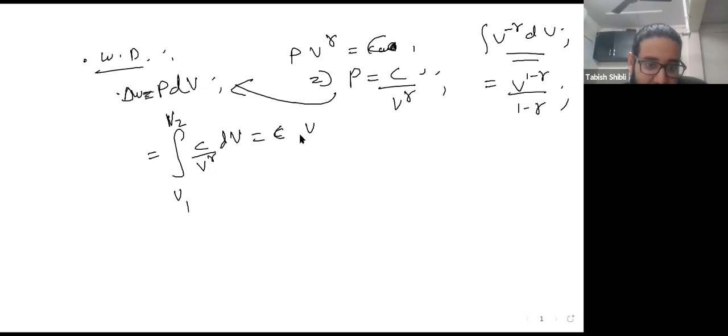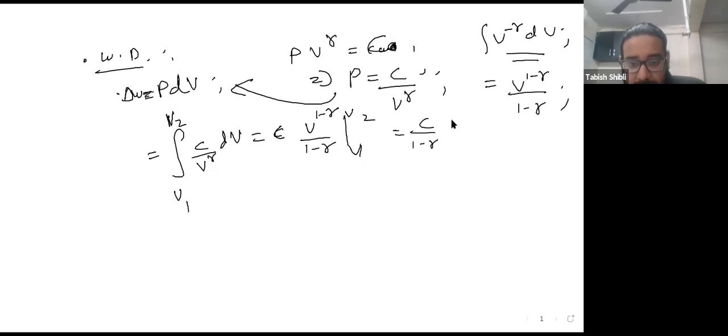So essentially, what do you have here? This constant is there. You have V to the power 1 minus gamma divided by 1 minus gamma from V1 to V2, which is just equal to C divided by 1 minus gamma times V2 to the power 1 minus gamma minus V1 to the power 1 minus gamma.